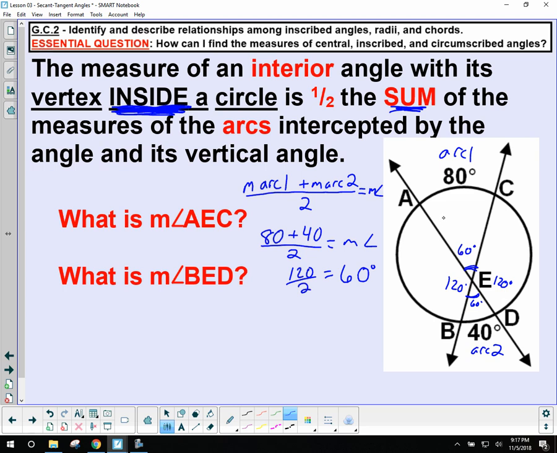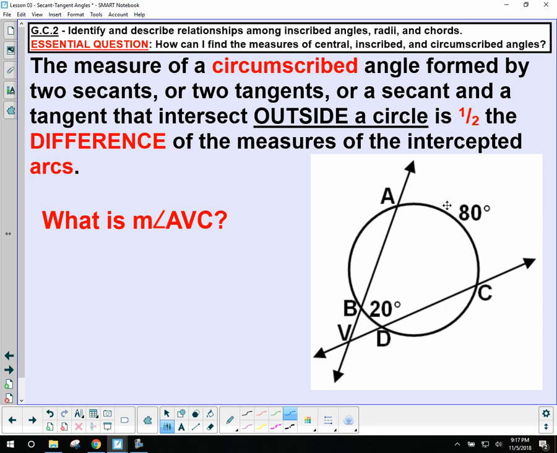Again, the measure of the circumscribed angle formed by two secants, or two tangents, or a secant and a tangent that intersect outside a circle is half the difference of the measures of the intercepted arcs. So, I like to think of it like this. Arc 2 minus arc 1, again the measures, divided by 2. Difference means to subtract.